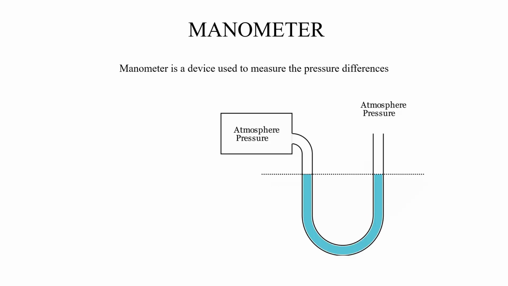What is a manometer? Manometer is a device used to measure the pressure of a fluid. So you can see here in this figure, this is an inverted U-tube manometer connected to a vessel. You can see the pressure here is changing continuously.